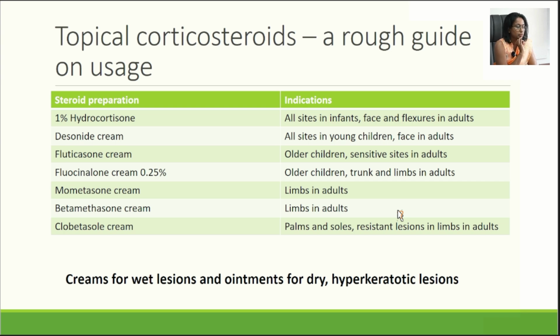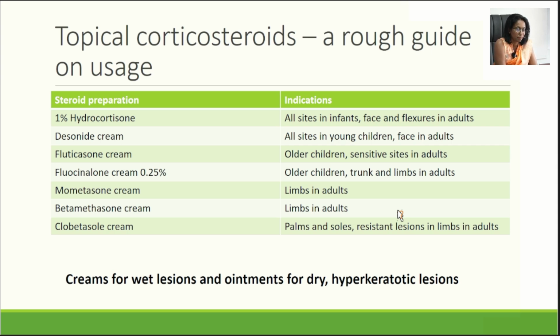Then fluticasone can be used for older children and also for sensitive sites in adults. Fluocinolone, what we have is 0.25%, which is quite potent, so don't think that fluocinolone is a mild steroid. It can again be used in older children and trunk and limbs in adults. Then mometasone, betamethasone can be used in the limbs in adults.